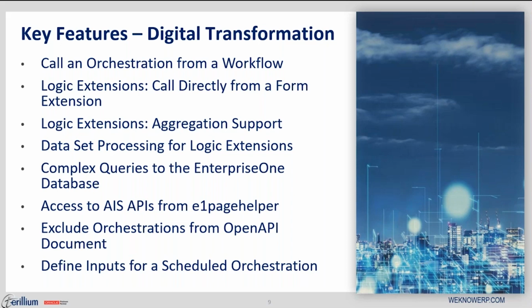I'll talk a little bit about how you can also define inputs for scheduled orchestration. Similar to determining what version to run at runtime of a UBE, you can do something similar on the scheduled orchestrations, right? At runtime of that scheduled orchestration, what variables do you want to have inputted into that?